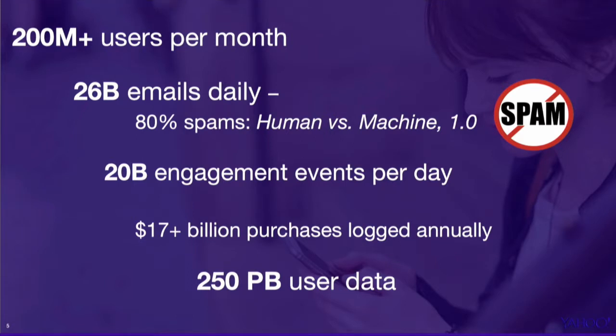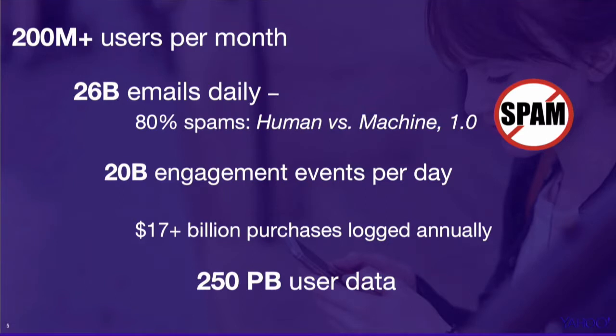We've always tried to use data to fight the spams. Also, from these 200 million users a month, they are highly engaged with our product. 20 billion engagement events per day. And engagement events are things like the click, the swipe, the read, everything they do on the apps.